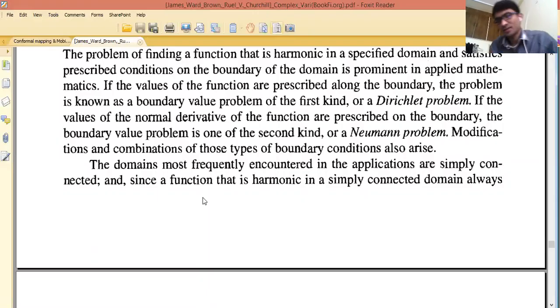Minus 1 has magnitude 1, and the angle is tan inverse of 0 upon minus 1.